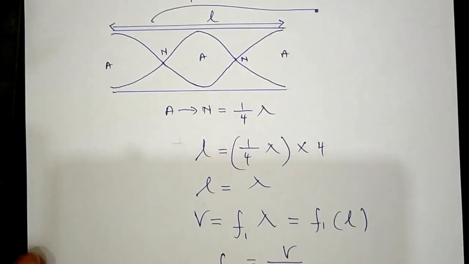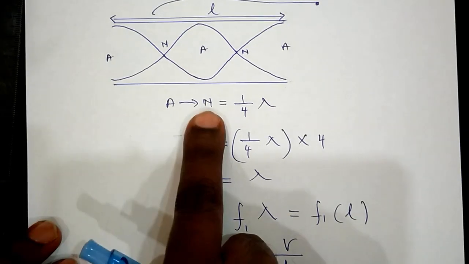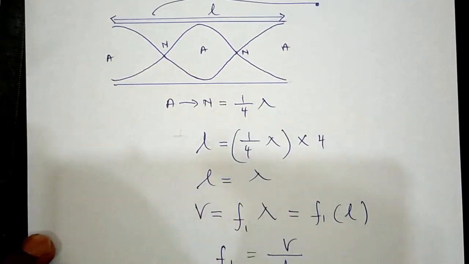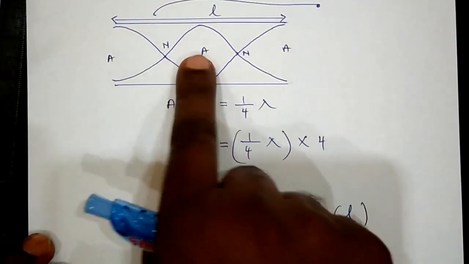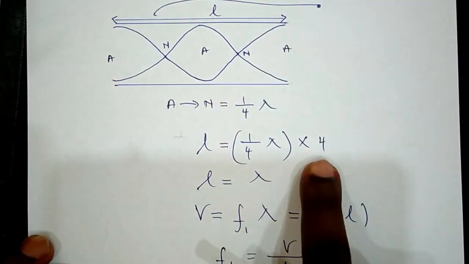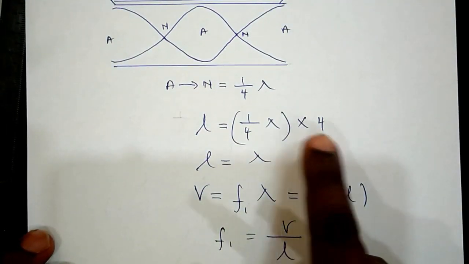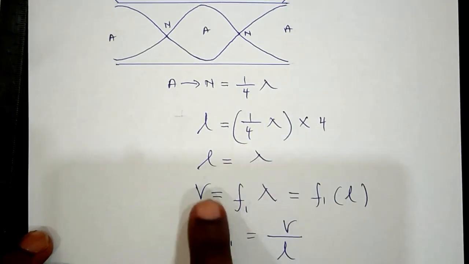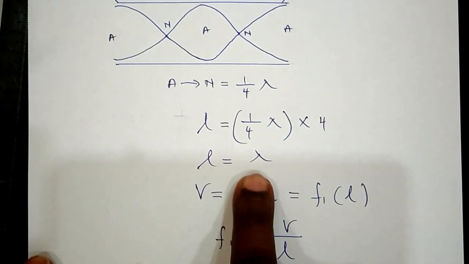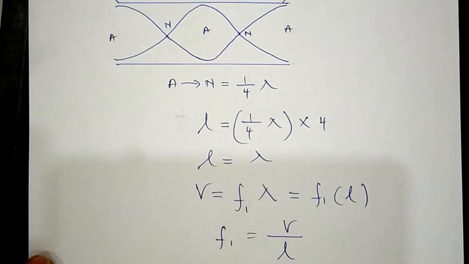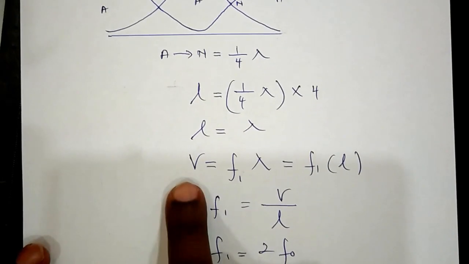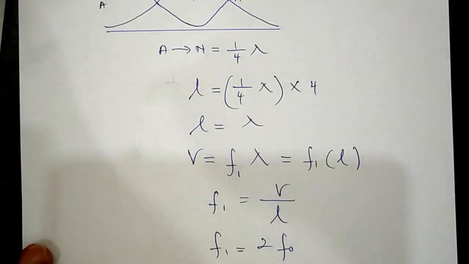So for the first overtone, antinode to node is a quarter wavelength. So we have 1, 2, 3, 4, so we have to times 4 with a quarter wavelength. You will get length equals lambda. From the speed of wave propagation, v equals f1 lambda.